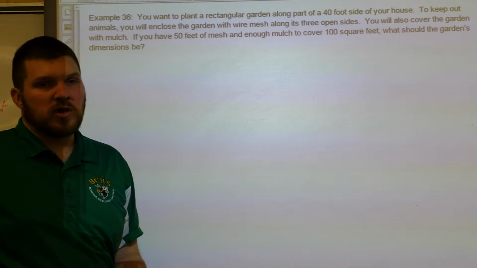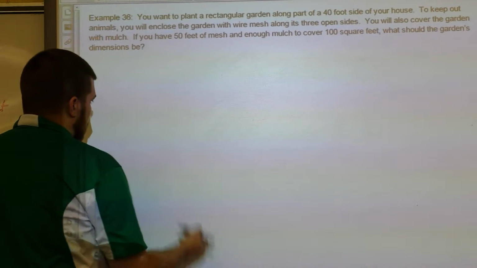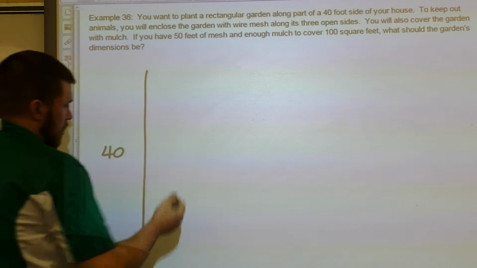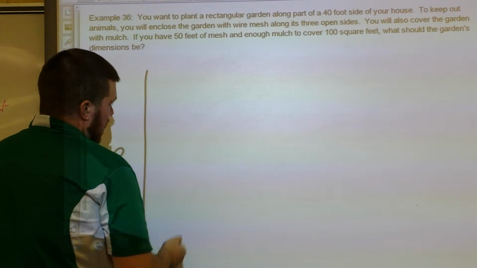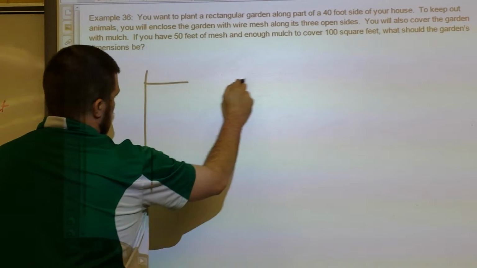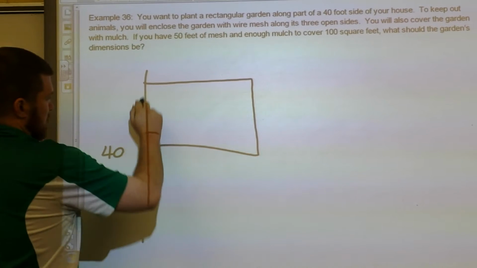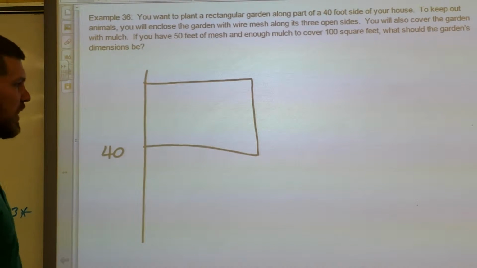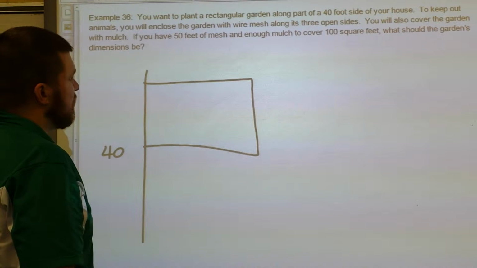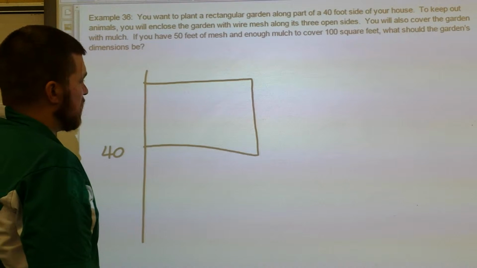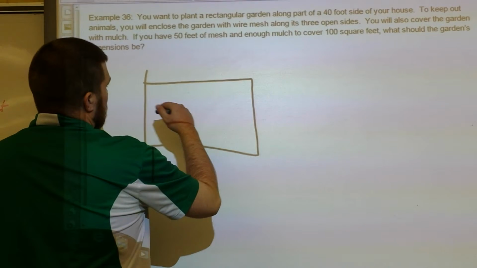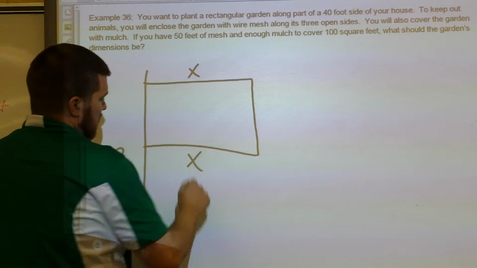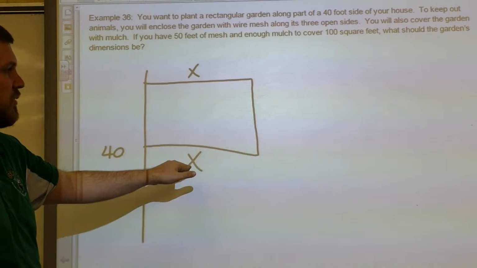What I suggest you do is you actually draw it out first. So we have a 40-foot side of your house. We know part of this distance is going to have a fence along it. Okay, so one side is going to be part of your house, the other 3 sides are going to be wire mesh. We have 50 feet of mesh to cover the sides. So let's call this x, because we don't know what it is, and call this x because it's a rectangle, so these 2 sides have to be the same.